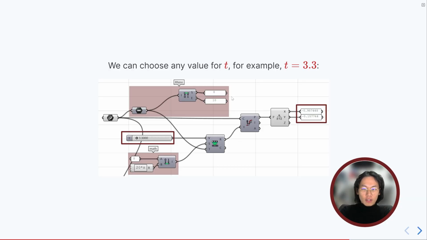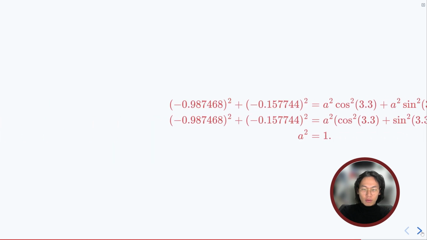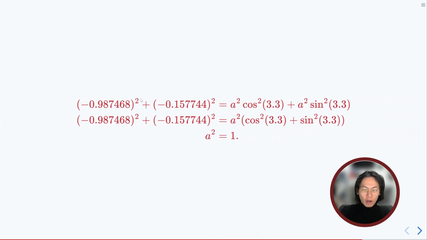So that's the setup of the T and the X and Y. We can solve this equation using the trigonometry function. We square both sides and add them up. So this part will be 1 using the equation that sine squared plus cosine squared is equal to 1.